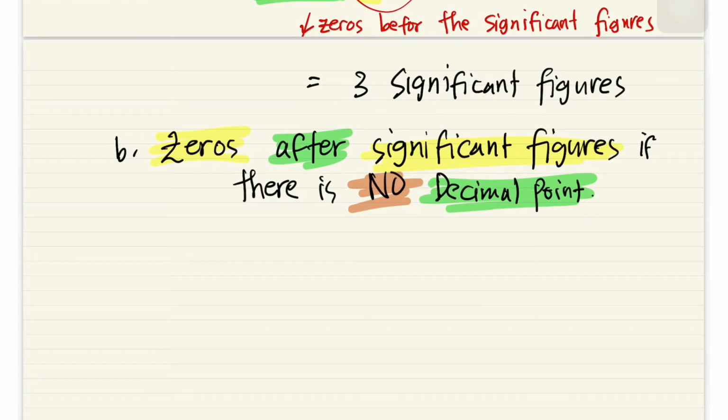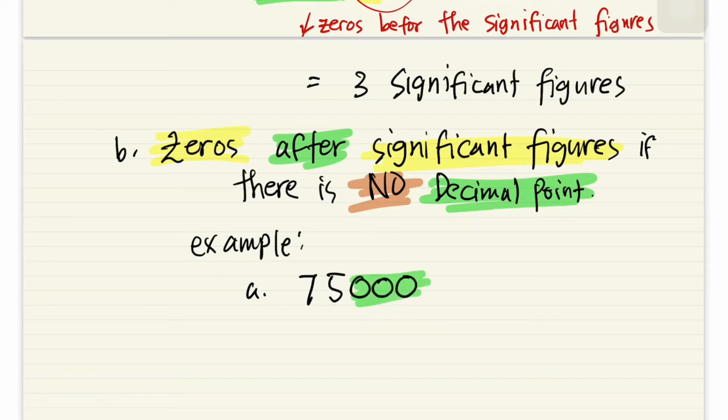Example, all right, if we have 75,000, now there is a 0 after these two significant figures, and it's non-decimal. So therefore, this one here is not significant.